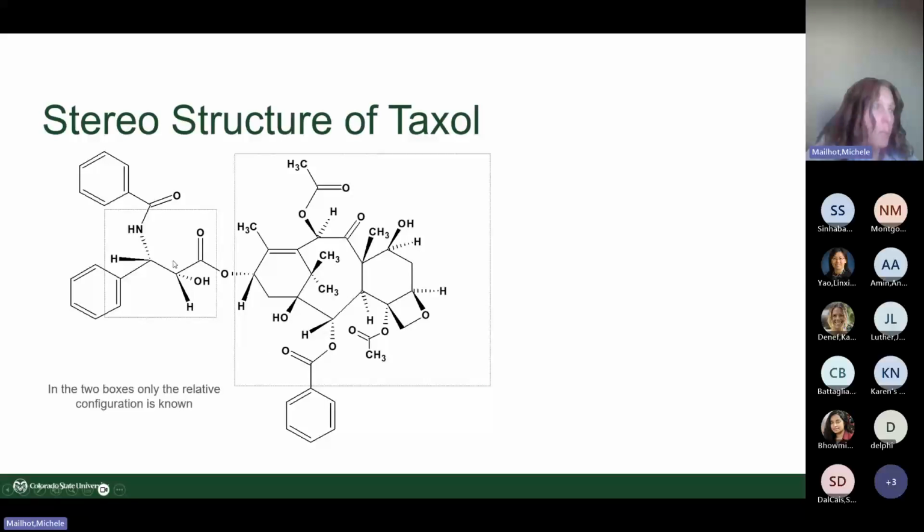Based on these two boxes, this is what's known. This is the only relatively known configuration of Taxol. So that's what NMR can do for you. And this is just one way to get there. There's hundreds and hundreds of experiments to run, but you have to pick the ones that work best for your molecule. Okay, so that's all for that.